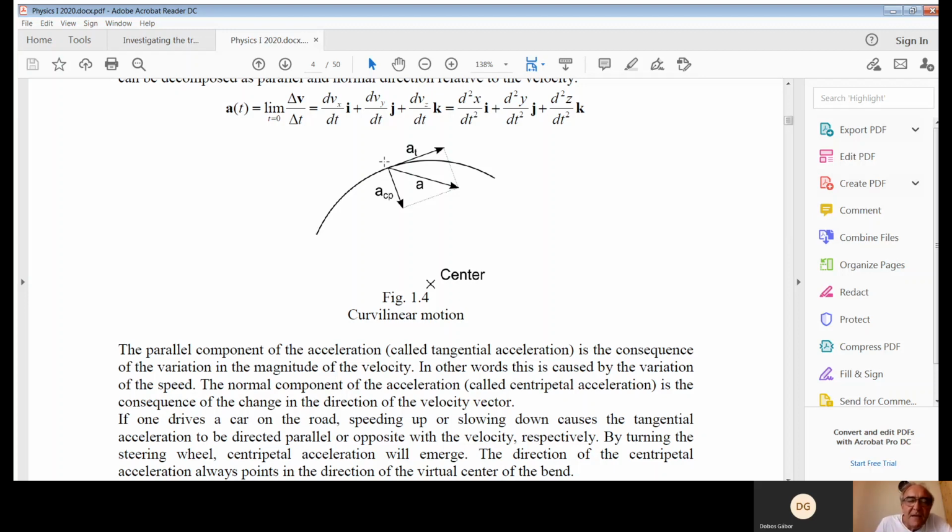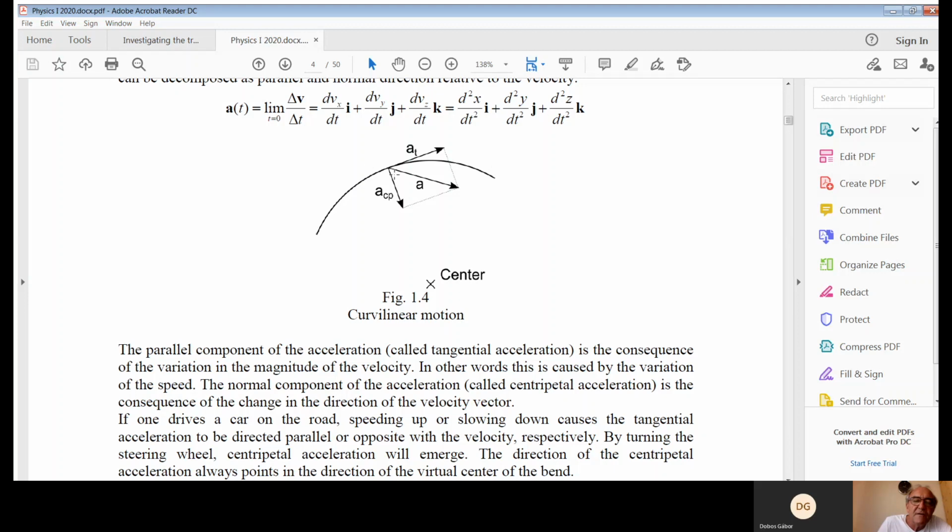The tangential acceleration will be parallel with the velocity if we push the gas, and opposite to the velocity when we push the brake.